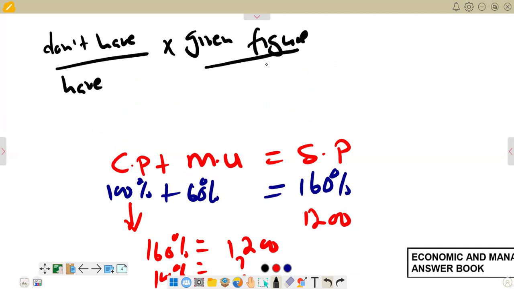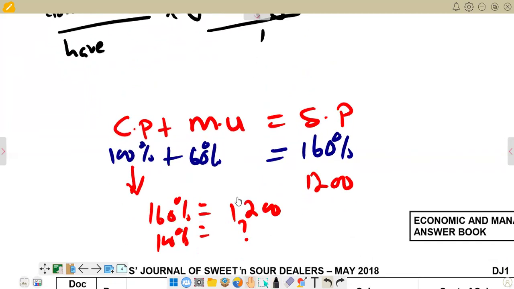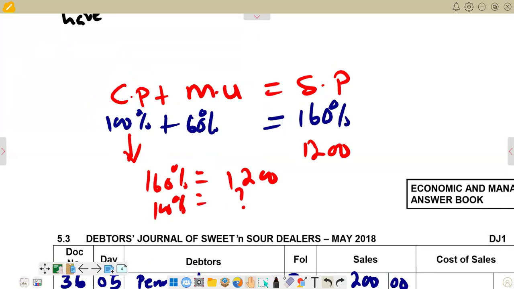So you have to present it first in this form, and when you present it in this form, you know that 160% represents what we have, and then 100% represents what you don't have, since we do not have the figure for 100% here. When 160% we are given, it's 1,200, so this is the given figure.